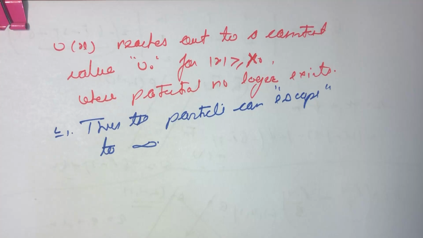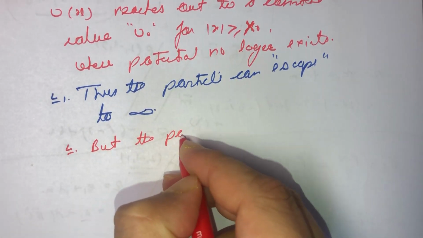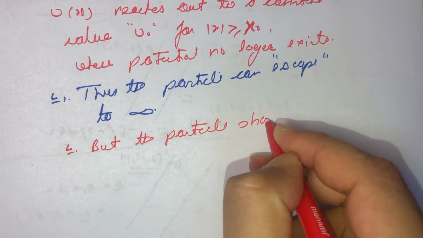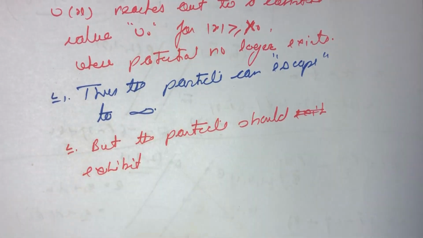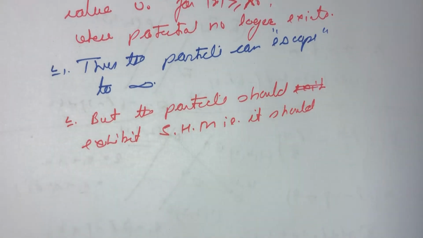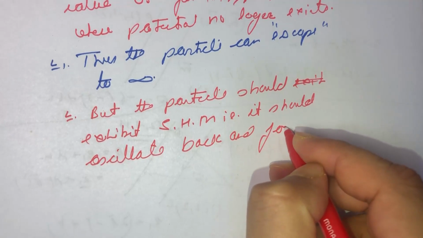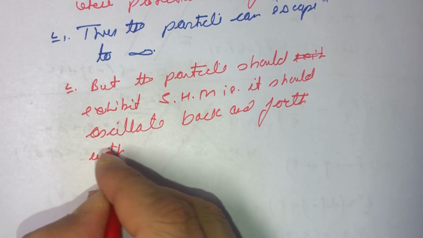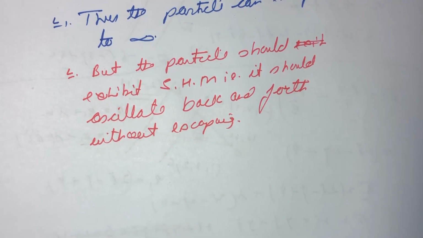But if you want this particle to execute SHM, that is, it should oscillate back and forth without escaping to infinity, let's find out the condition for it.